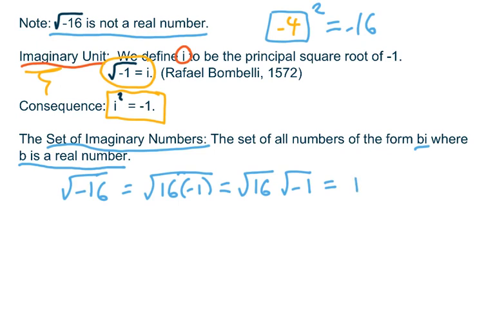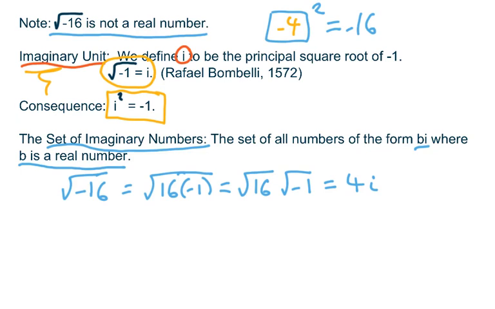The principal square root of 16 is 4, and the principal square root of -1 is i. So you see what happens here is that we can now talk about square roots of all kinds of negative numbers by simply factoring.